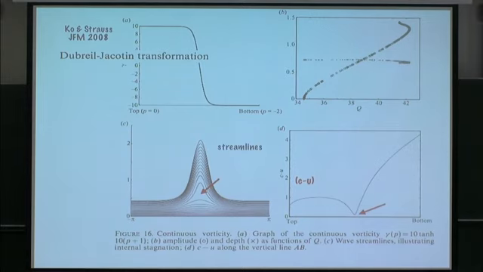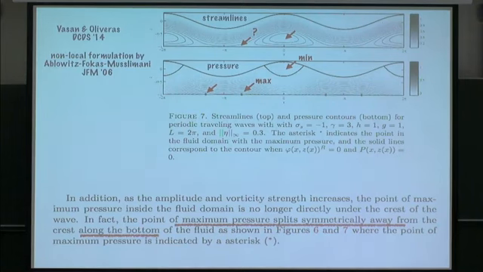Okay. And then we have the paper by Vasan and Oliveras exploring the very nice method of non-local formulation by Ablowitz, Fokas, and Musslimani. And they also indicate the same structure.